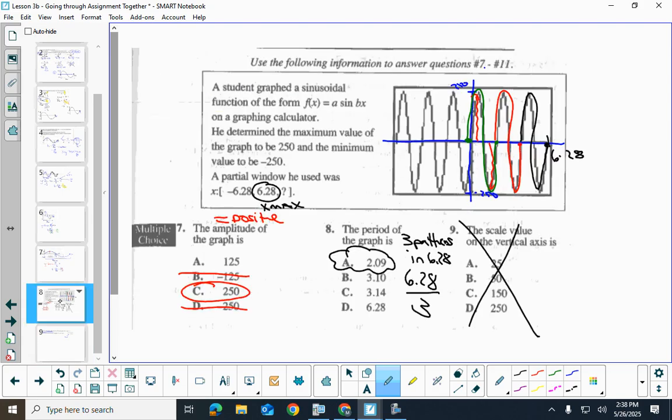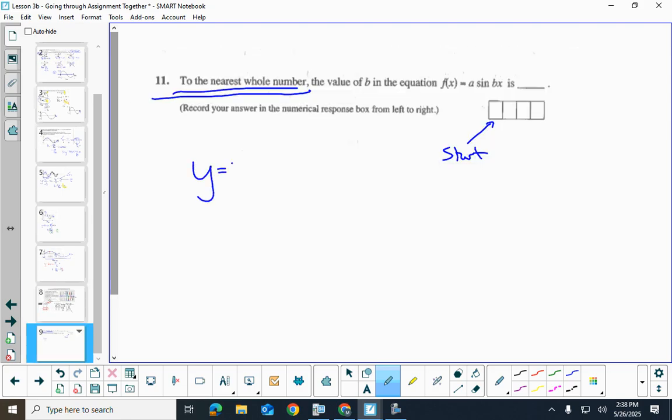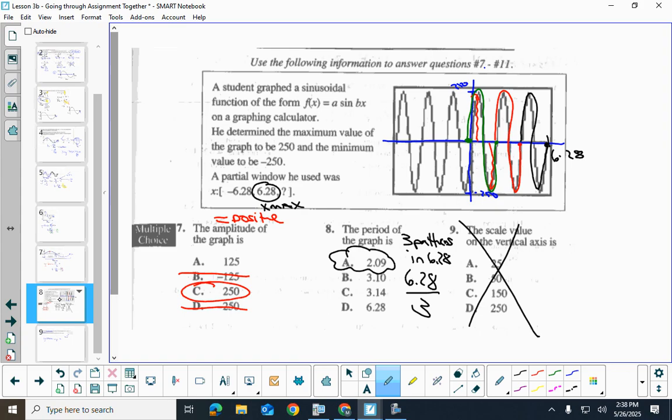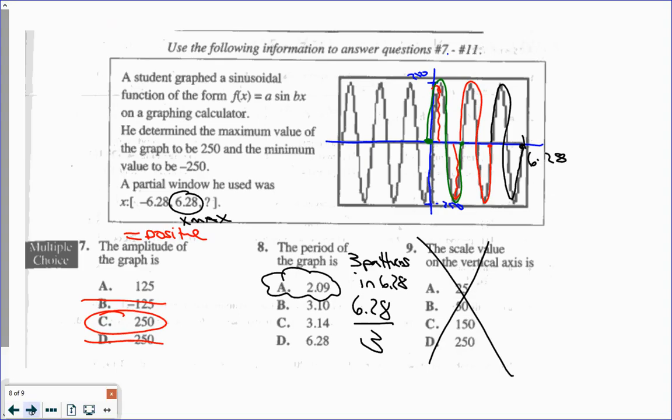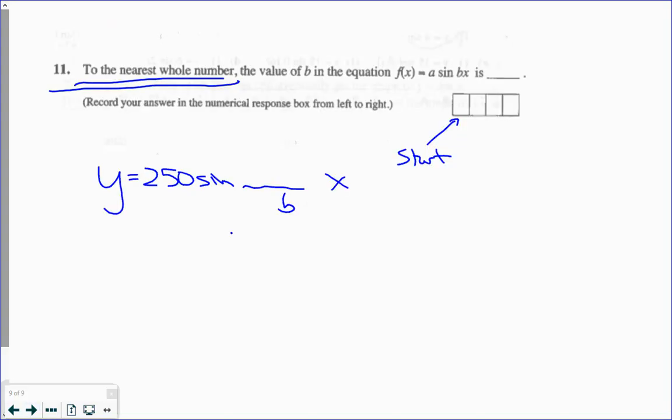Okay, so we know what the amplitude is. We know the amplitude is 250. So we know we've got y equals 250 sine bx. So we know our period is 2.09, right? So we've got b equals 2 pi over period. We know our period is 2.09.